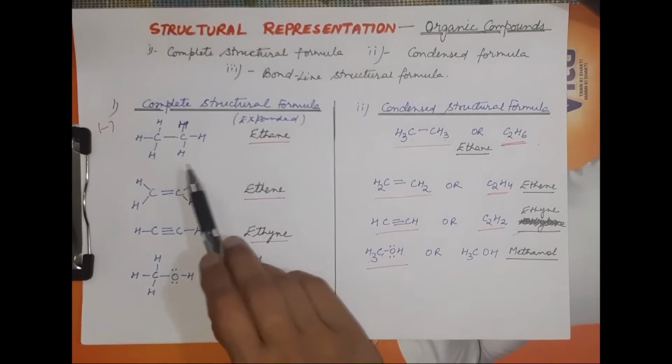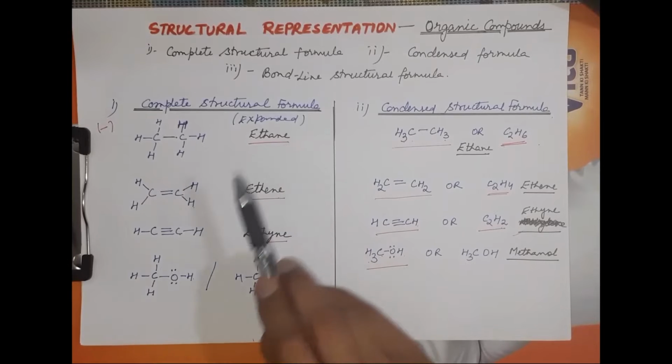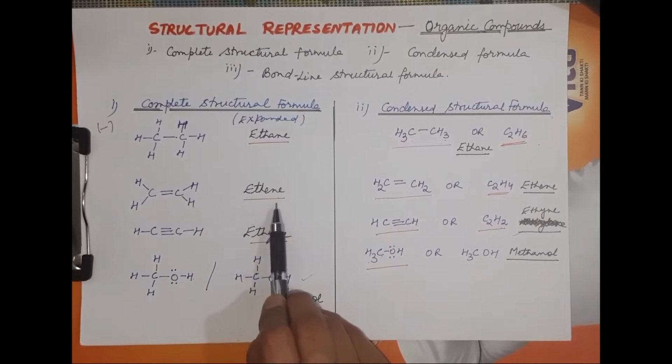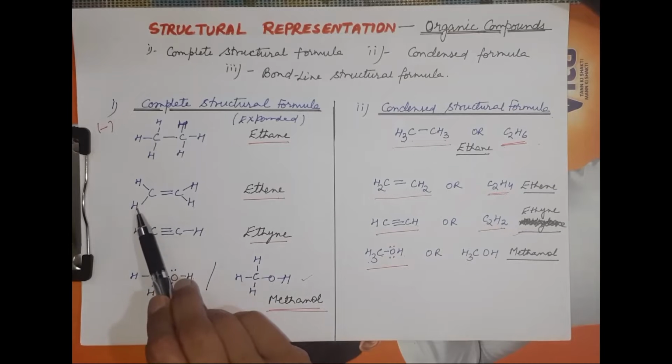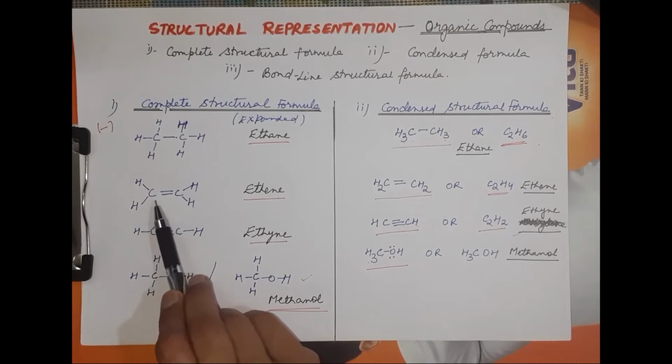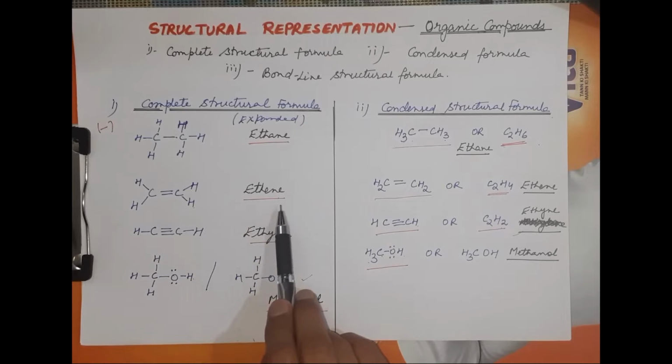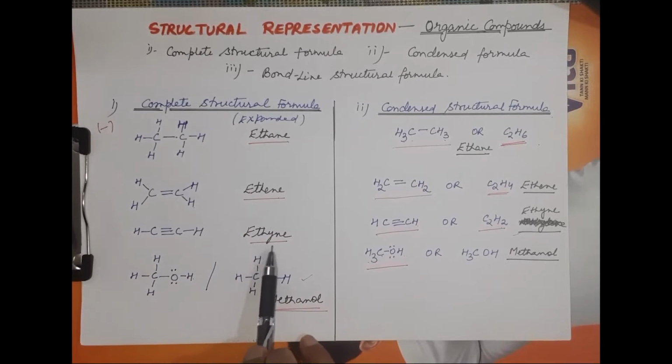So in this way we can write ethane. For writing ethene, it has to be written like this: C double bond C, and each carbon atom is attached to two hydrogen atoms by single bonds. So this is ethene.